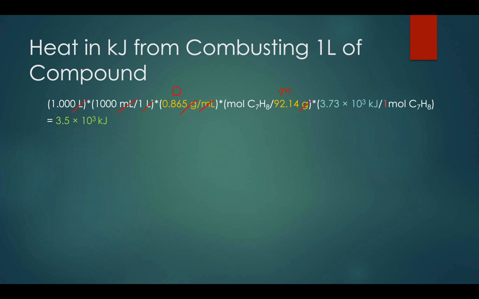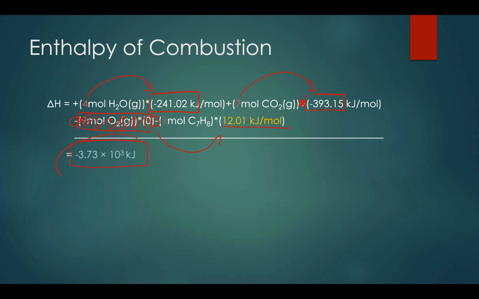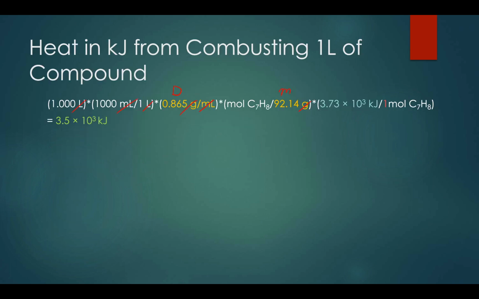And this 3.73 times 10 to the power of 3 kilojoules, we got it from this previous slide. Divided by 1 mole of toluene. And this cancels out the toluene right here. So we get this value, 3.5 times 10 to the power of 3 kilojoules.